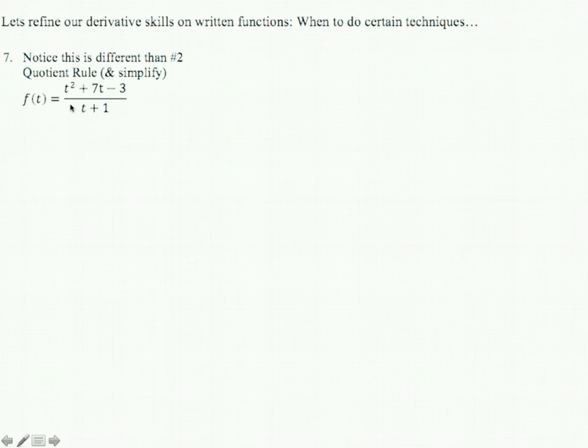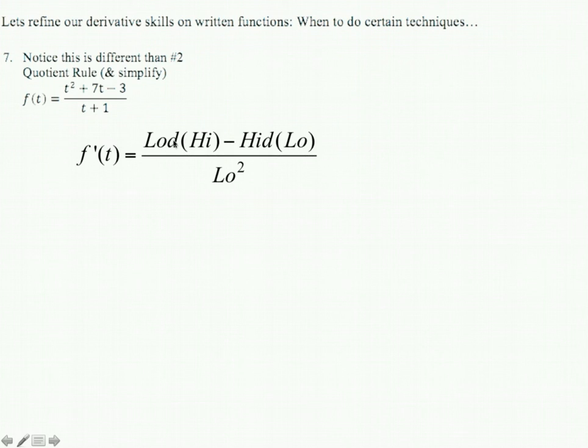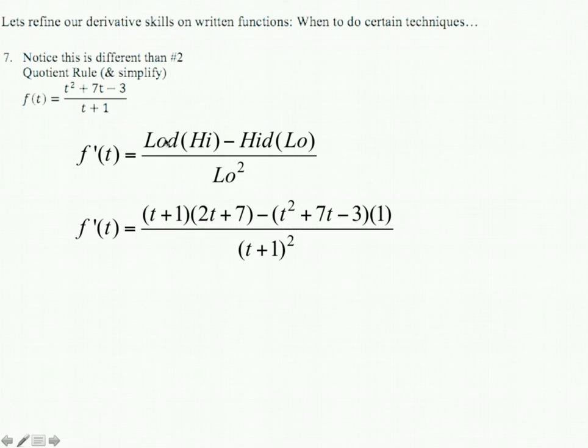Okay, so let's do the quotient rule then. Remember, we have to think low d high minus high d low over low squared. And low is the bottom, which we call function v, and high is the top, which we call function u. So low d high is t plus 1 times the derivative of the high, which is 2t plus 7. And then minus high d low is going to be the top function times the derivative of the low.